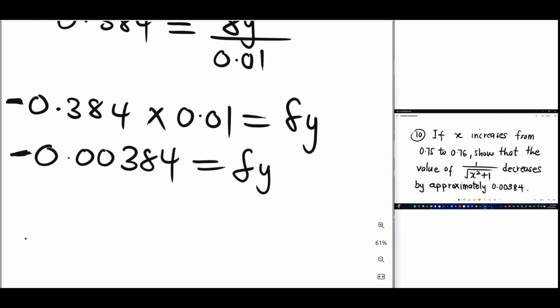So we could say that this is the same as what we are supposed to work on. We have to show that the y value decreases by approximately 0.00384, which is the same as this. Because of the negative, it implies that the y value has decreased by 0.00384.